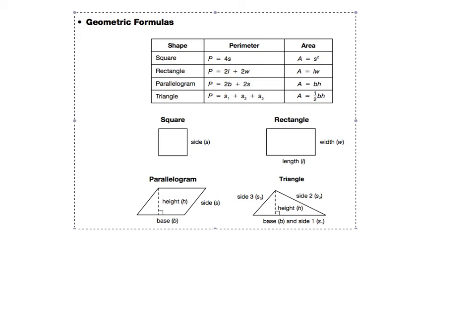This table lists formulas for the perimeter and area of squares, rectangles, parallelograms, and triangles. So those rules that we were creating in the last two slides, those are actually formulas for finding the perimeter and area of these various shapes. The letters P and A, as we said before, stand for perimeter and area. But notice some of these other abbreviations.